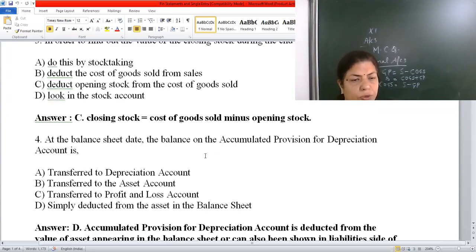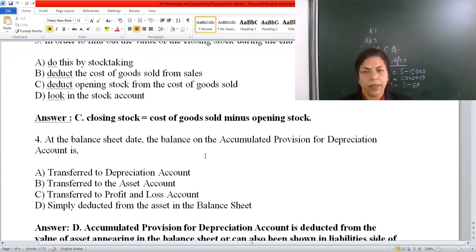Okay. Now fourth question. At the balance sheet date, the balance on the accumulated provision for depreciation account is. Accumulated provision for depreciation means the depreciation charge. Do you know the meaning of depreciation? That is chapter 7 also. Yes.